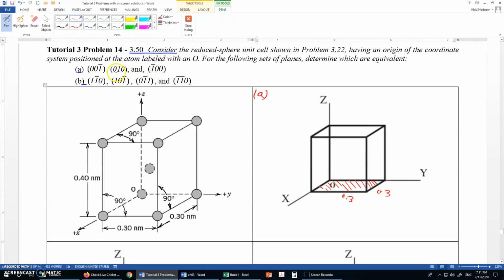What is the other plane? We can show 0 1 0. Okay, there is the 0 1 0 plane. So the 0 1 0 plane will be parallel to the x and z axis. Okay, so it will be along this plane, and if I take this origin, 1 will be here.